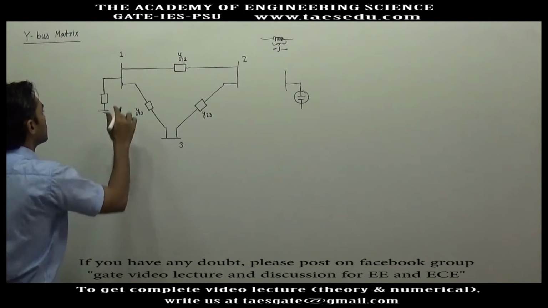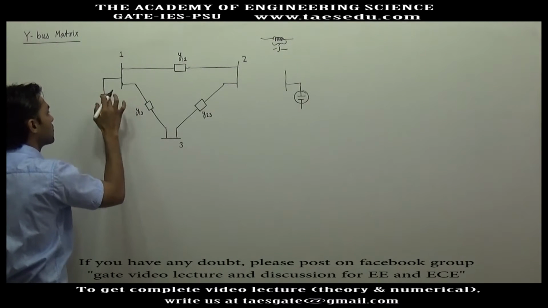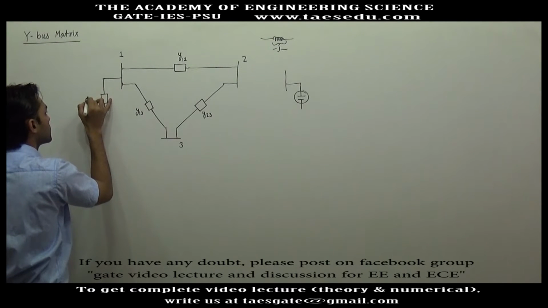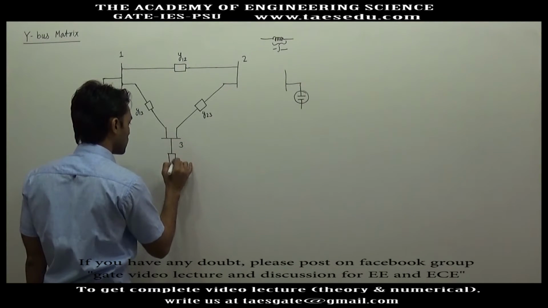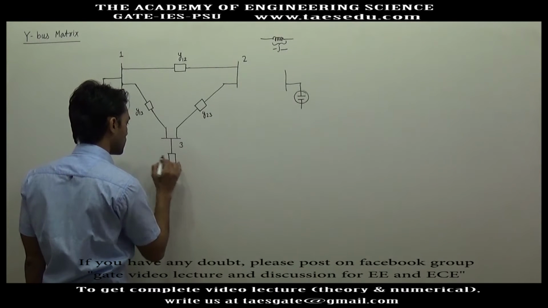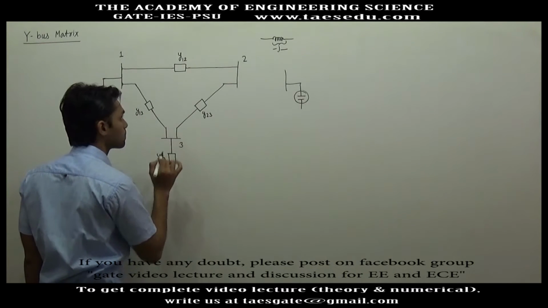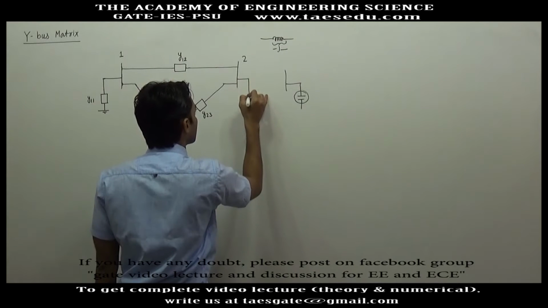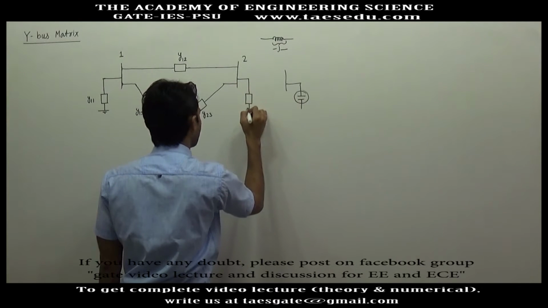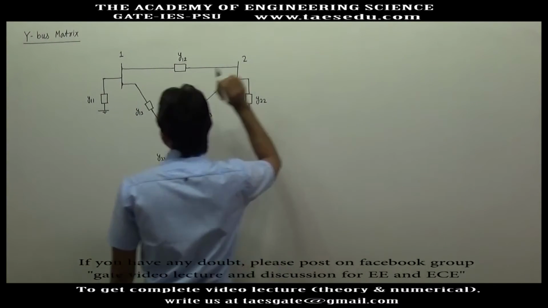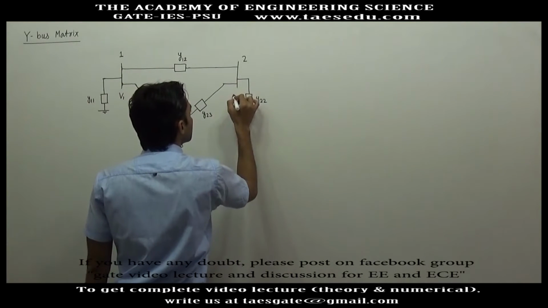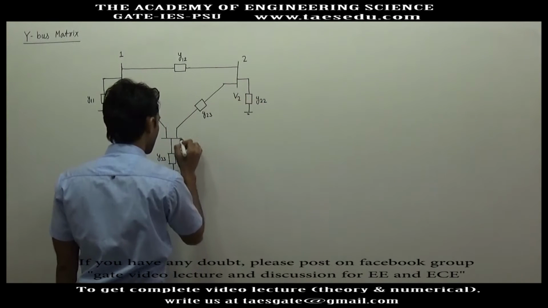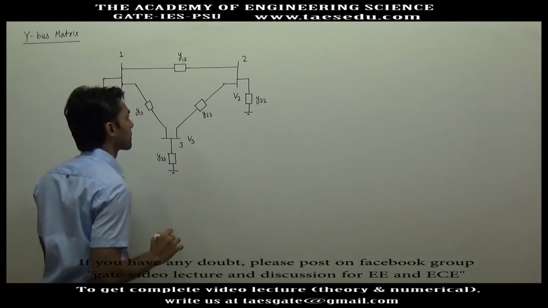Let's say this is the shunt element of bus 1 and its admittance is y11. Here we have y22, this is y33. The voltages will be: bus 1 voltage is V1, bus 2 voltage is V2, and bus 3 voltage is V3.